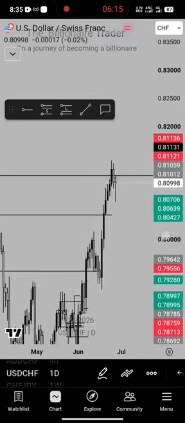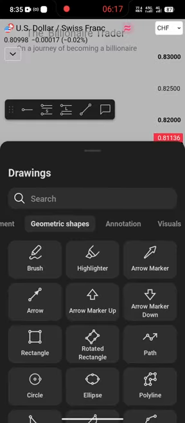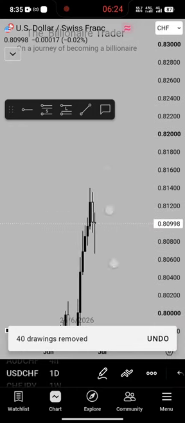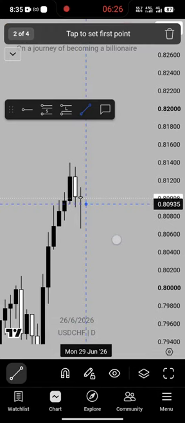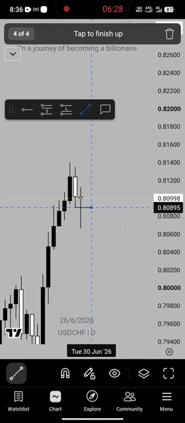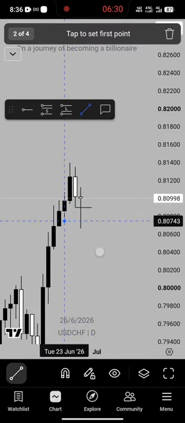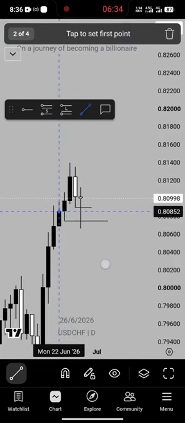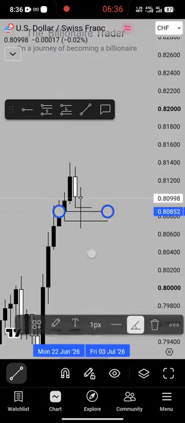Looking at it on daily, let me clear this chart. Looking at it from the daily, as we can see, price is still telling us that it is still bullish. So we swept that low, not just that low, we also swept this low too. So we've swept internal range liquidity and external range liquidity, and we have daily reject daily.